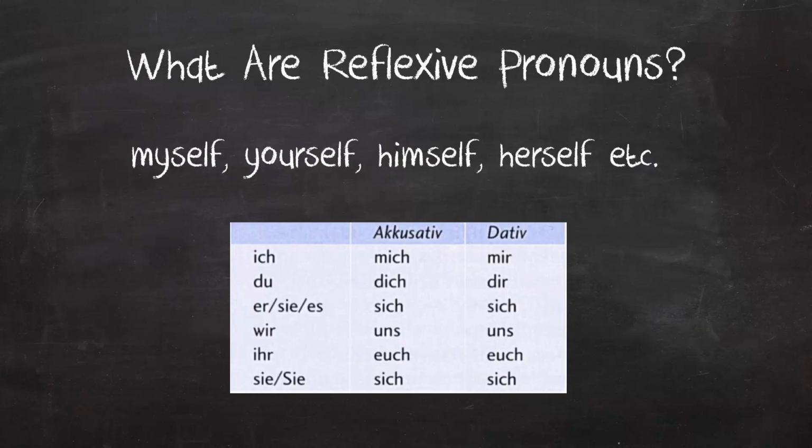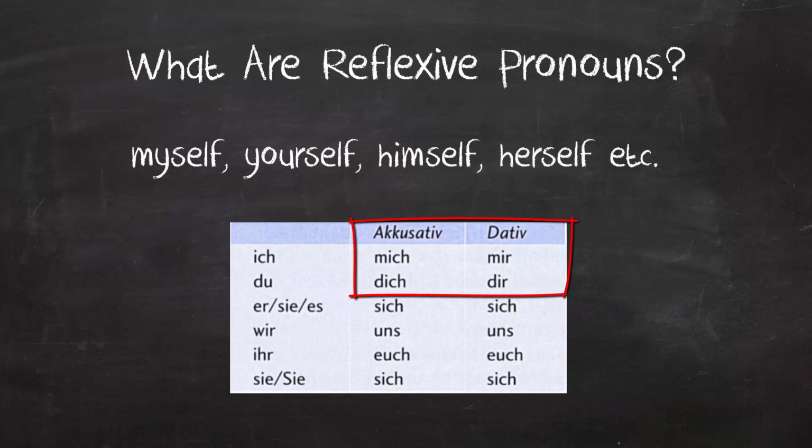Now, what are the reflexive pronouns? We just saw them in English: myself, yourself, himself, herself, etc. In German, they can have an accusative and a dative form. Mich, dich, sich, uns, euch, and sich are accusative, and mir, dir, sich, uns, euch, and sich are dative.